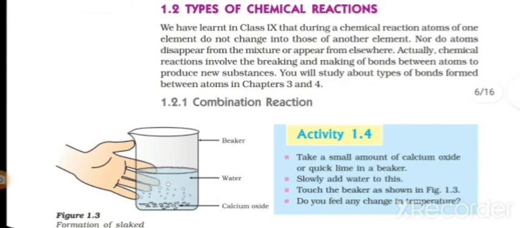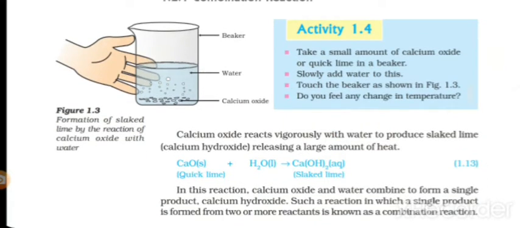Okay, in this chapter we will also be studying the types of chemical reactions that occur. One of them is the chemical combination reaction. In combination reaction, suppose you take Na and chlorine, that is sodium and chlorine, when you mix them or react both with each other, they form NaCl, that is nothing but sodium chloride.